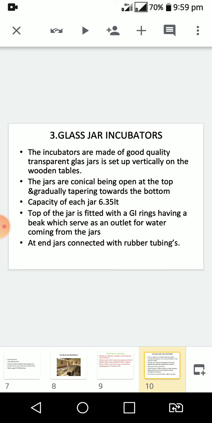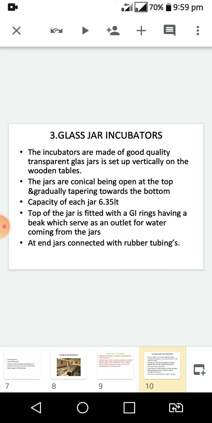The jars are conical, open at the top and gradually tapering towards the bottom. The water capacity of this jar is 6.35 liters, and the top of the jar is fitted with GI rings having a beak which serves as an outlet for water coming from the jars.